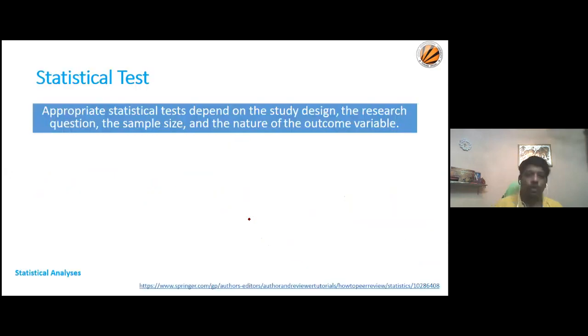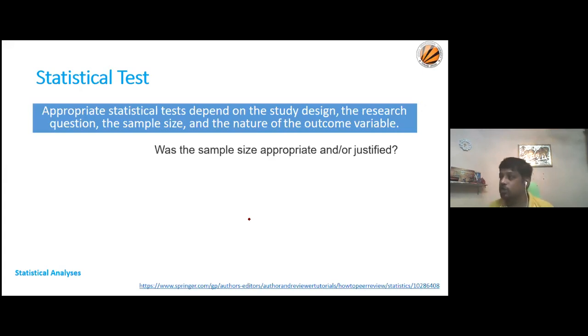So an appropriate statistical test depends on study design, research question, sample size, and the nature of your outcome variables. You cannot simply choose a test; it is decided by your study design, research questions, sample size, and nature of your outcomes. Before selecting a statistical test, you should confirm that the sample size is appropriate or justified.